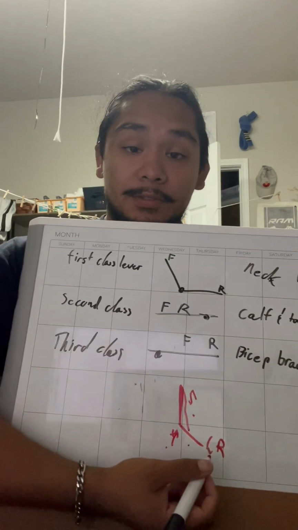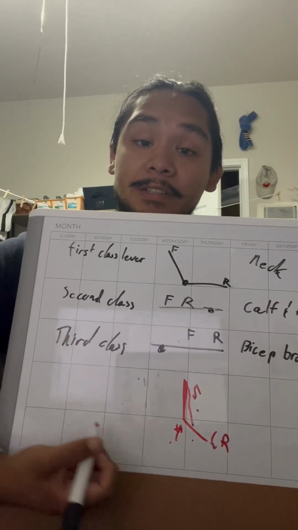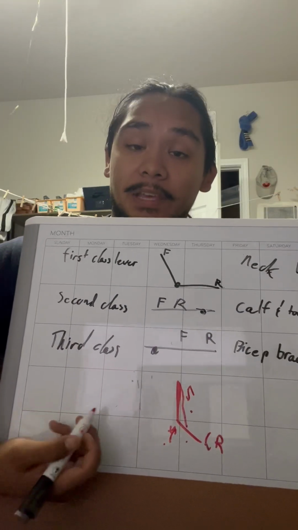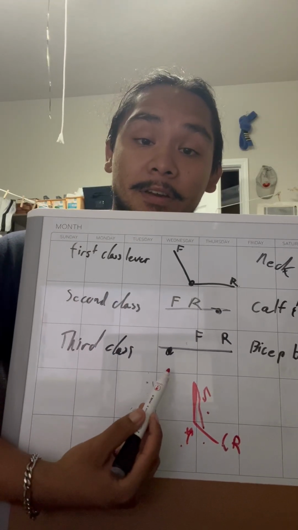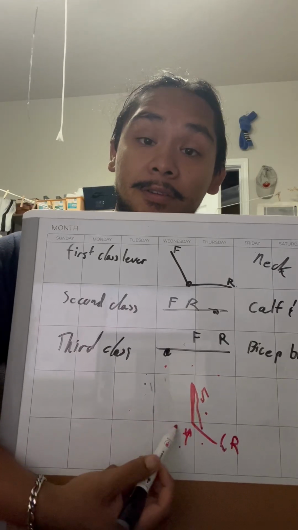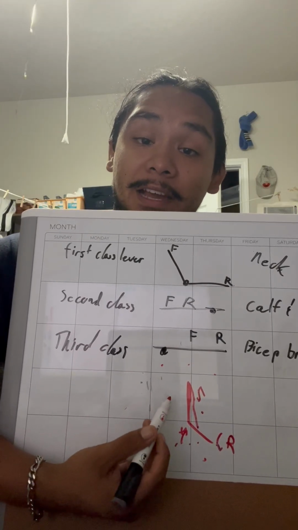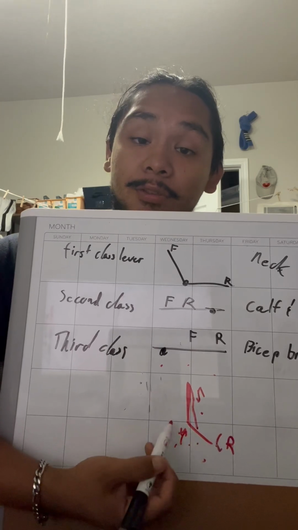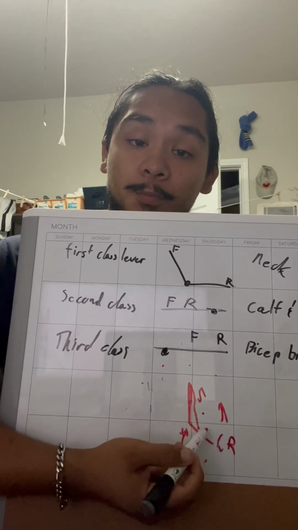Given that it goes the same pattern as our third class lever, it will be classified as such, because it is fulcrum, force, resistance. When the force acts on the resistance through the fulcrum, it results in that flexion upward.